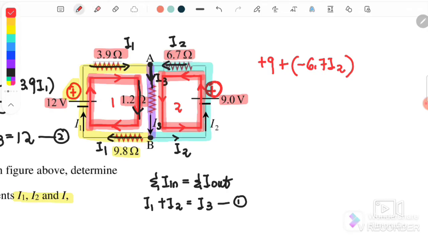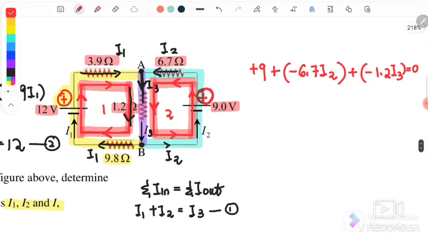The loop is going downward and the current I3 is also going downward, so positive, and negative 1.2 I3 because energy is dissipated. At the end we come back to point B, so it equals 0. Rearranging, we get 6.7 I2 plus 1.2 I3 equals 9. This is our third equation.